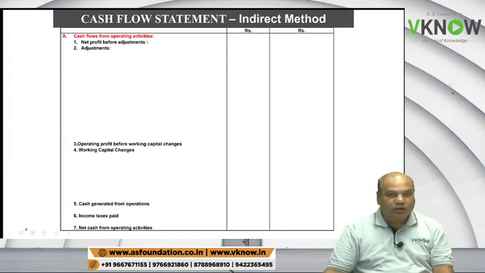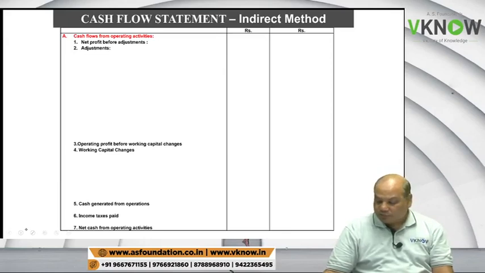For the year ended 31st March 11, you have written. Now draw this format: serial number, particulars, rupees, rupees. Serial number A, cash flow from operating activities. Avoid shortcuts. Don't write CFOA.